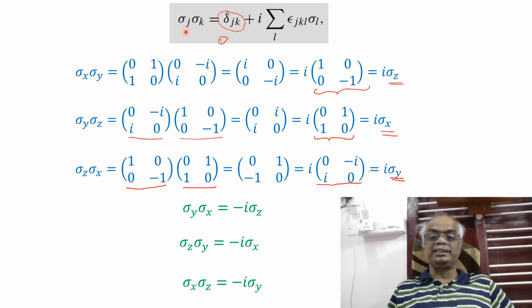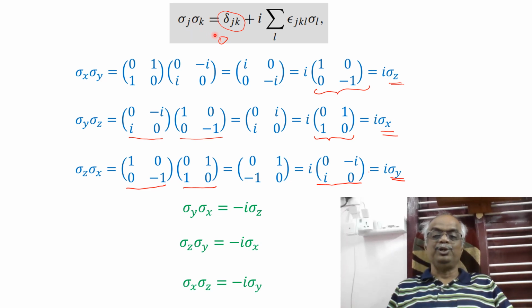So this is the unified relation. This relation is unified. It's valid when j and k are equal or j and k are not equal. So this is the unified expression.